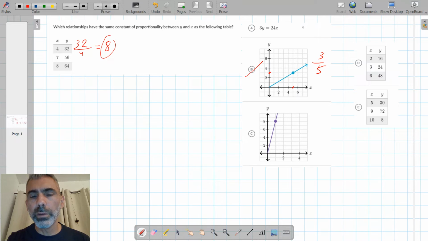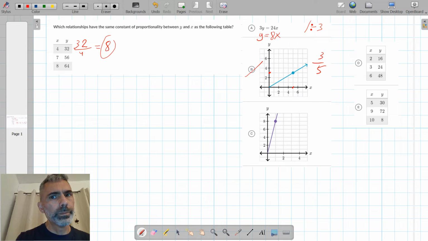If we divide both sides of the equation by 3, we get y equals 8x. So if we plug in, let's say x is 4, 8 times 4 is 32. So A is good.